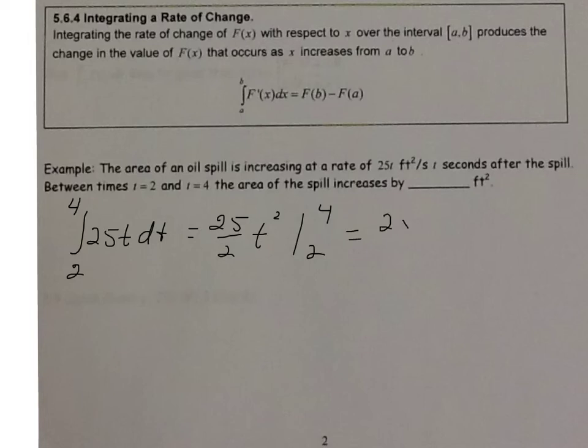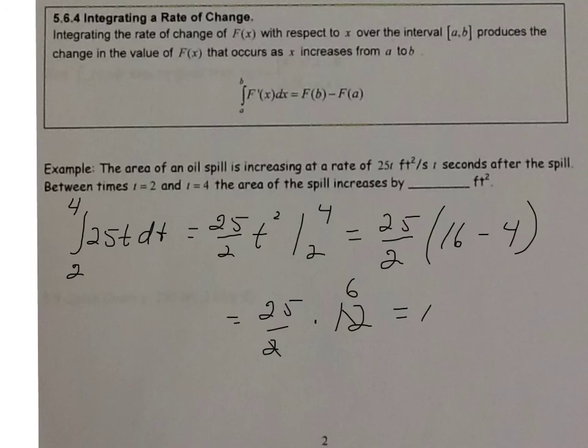So keeping the coefficient outside, 25 over 2, and then inside parentheses 4 squared, 16 minus 2 squared, which is 4. So we're looking at 25 over 2 times 12, right? So 12 goes into 12 6 times, so 150. So the area of the spill is going to increase by 150 square feet.